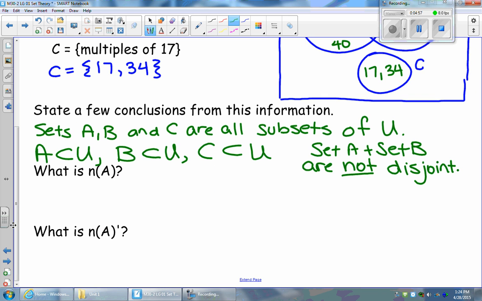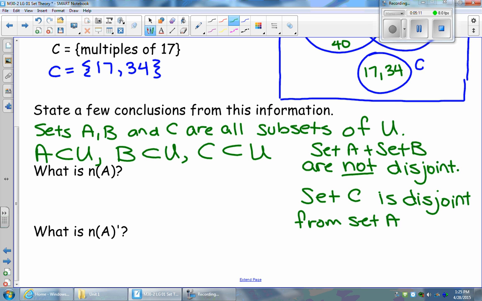Okay, and we could say that set C is disjoint because there's no common elements with any other sets. So set C is disjoint from set A and set B.